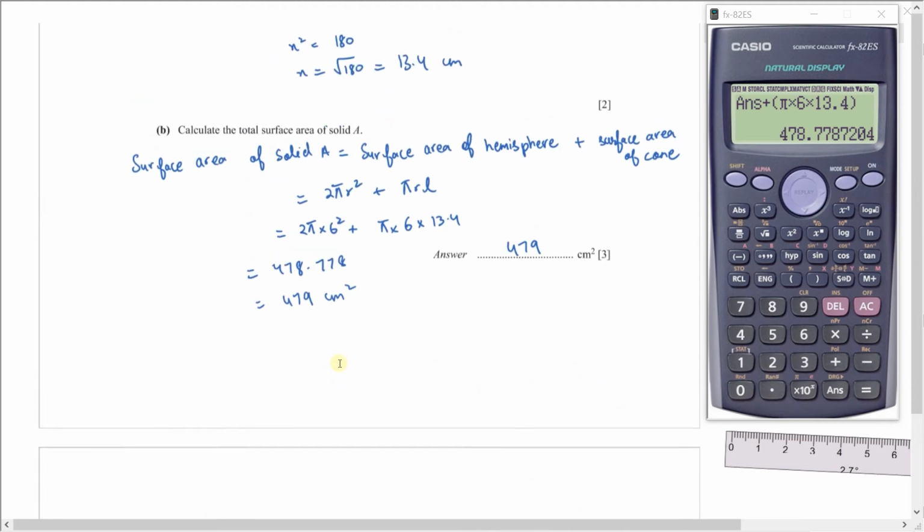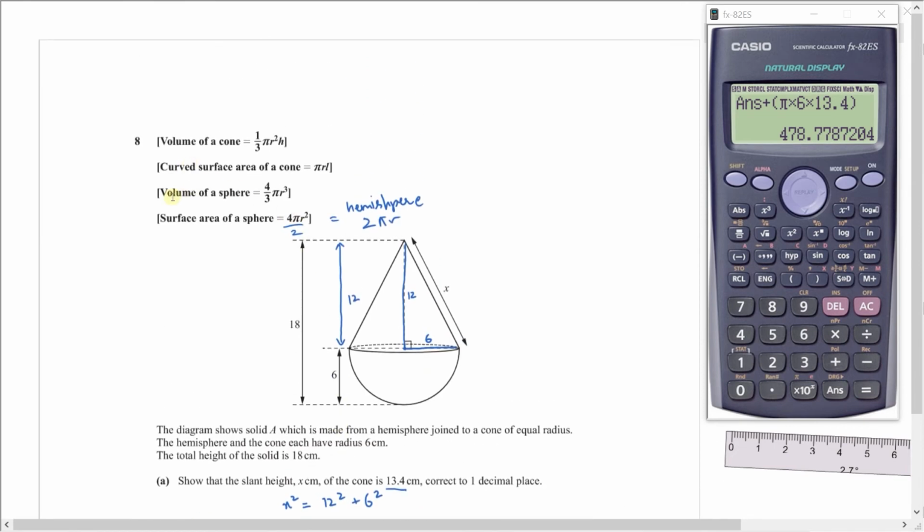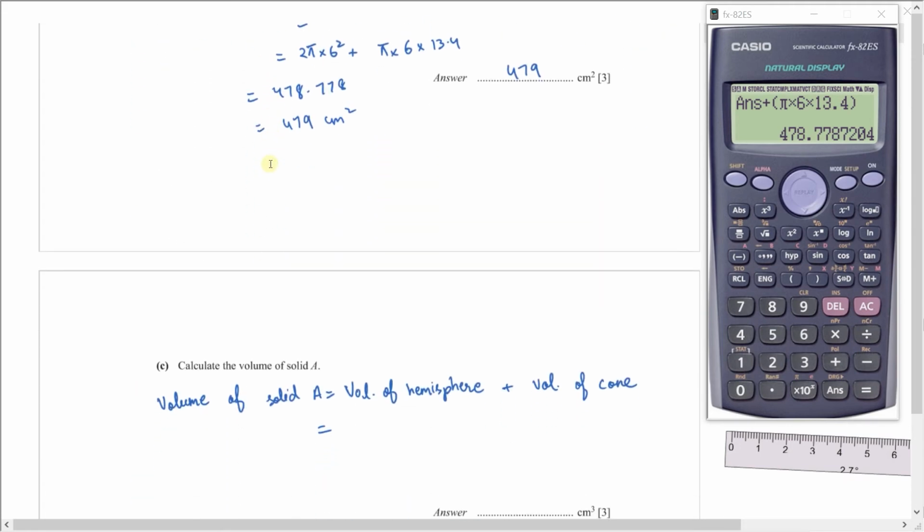So what is the volume of a hemisphere? Volume of a sphere is 4 by 3 pi r cubed. For a hemisphere, you divide it by 2, so it will be 2 by 3 pi r cubed. And volume of a cone is 1 by 3 pi r squared h.